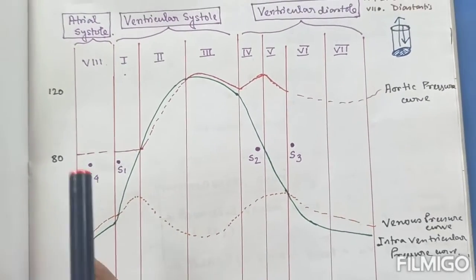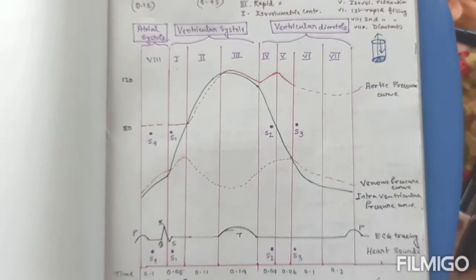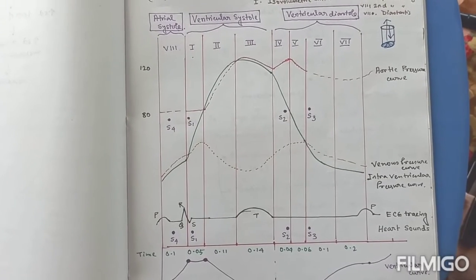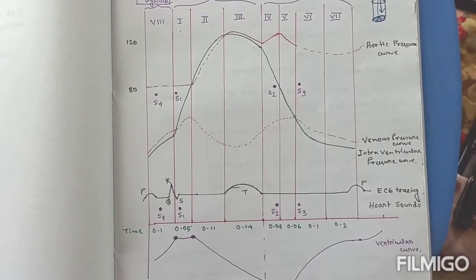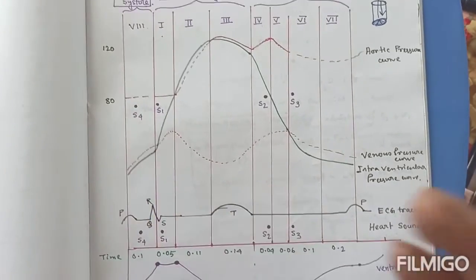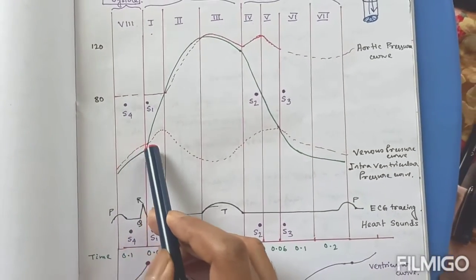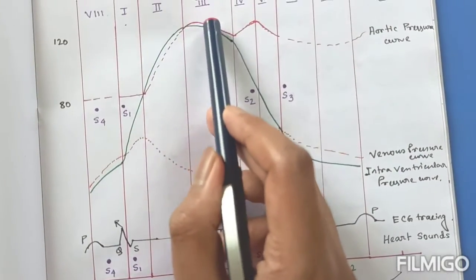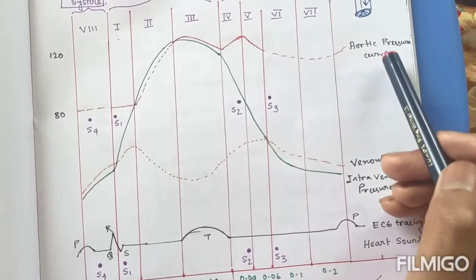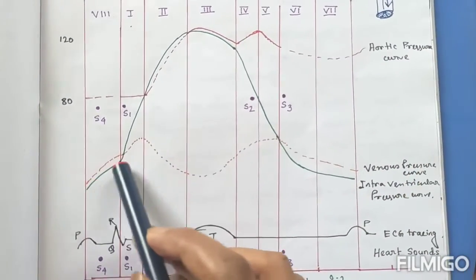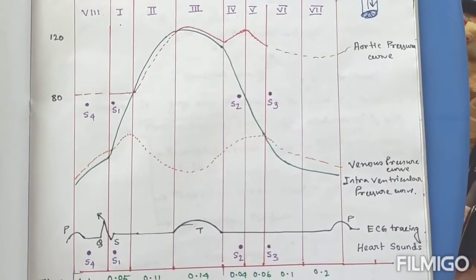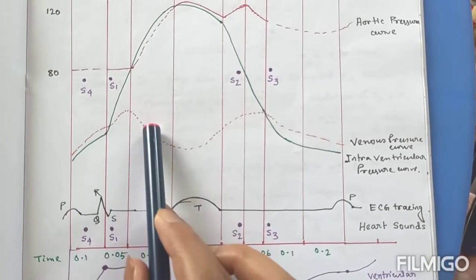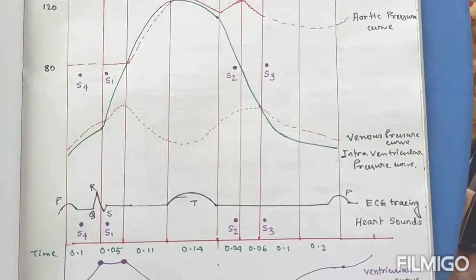So in this graph we will discuss various points all together so that we can actually visualize the events one by one. In the red curve, I have depicted the aortic pressure curve, and in the green curve the intraventricular pressure curve is depicted, and the orange curve here is the simple venous pressure curve.